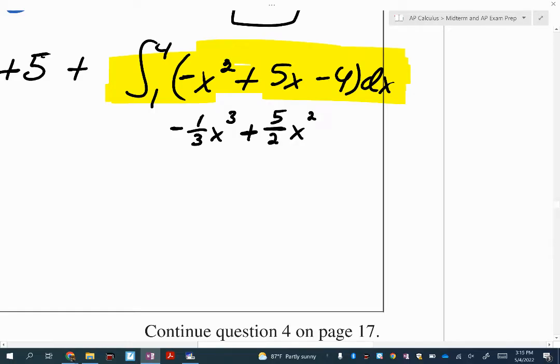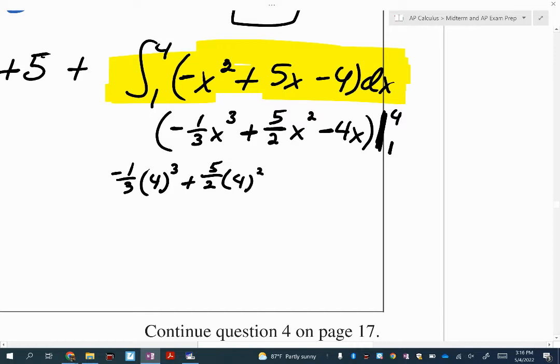Awesome. Use that reciprocal. And then minus 4x. Excellent. So I'm going to evaluate this, with limits of integration 4 and 1. So negative 1/3 times 4 cubed plus 5/2 times 4 squared minus 4 times 4, all of that is going to be one thing, right? Minus, now do it again, but for positive 1.